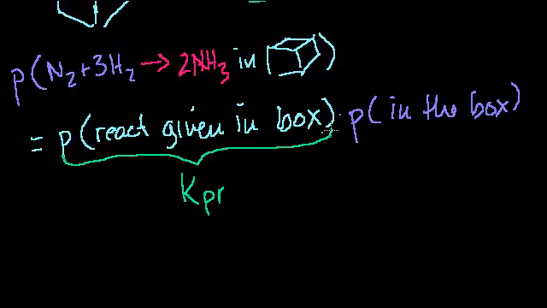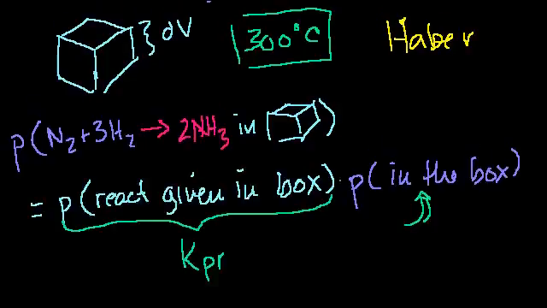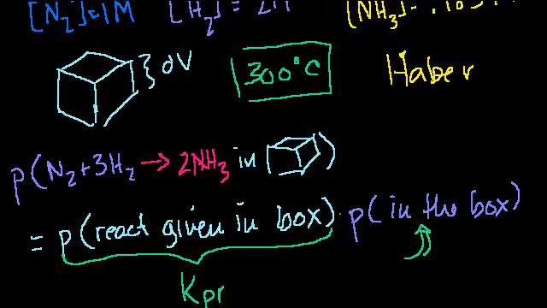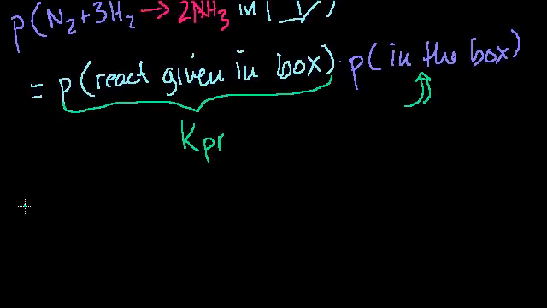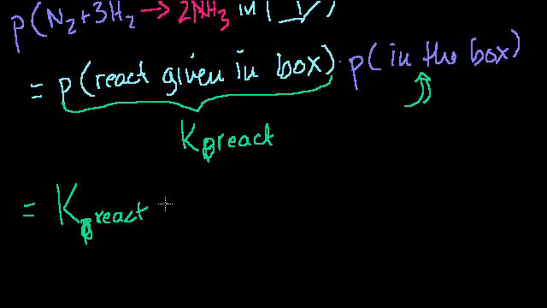So what we should be concerned with is the probability that we have those 4 molecules, 3 molecules of hydrogen and 1 molecule of nitrogen in the box. So this is equal to some constant, the constant of reaction if you have them in the box, times the probability that they're in the box.